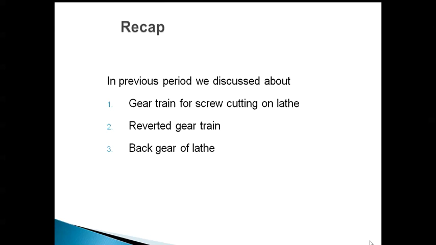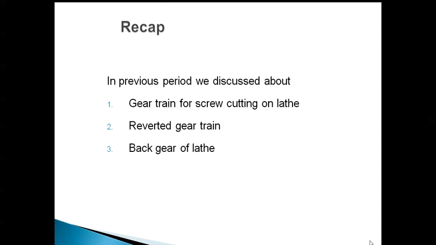Here in the reverted gear train we have seen the example, the back gear of a lathe. Generally the back gear is used in the lathe for low speeds when large workpieces are used.